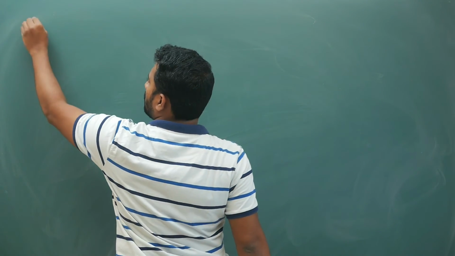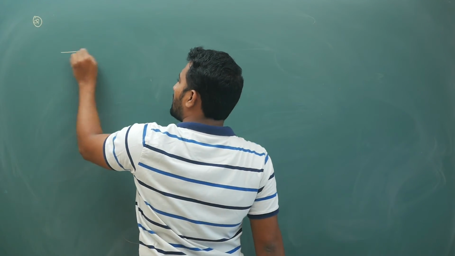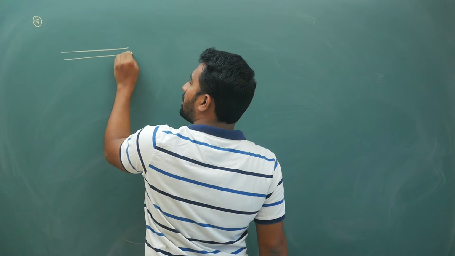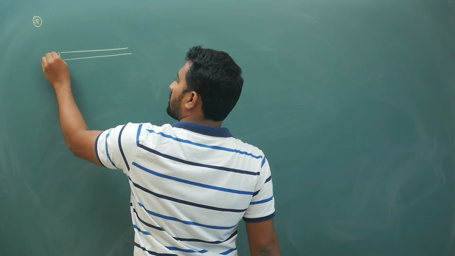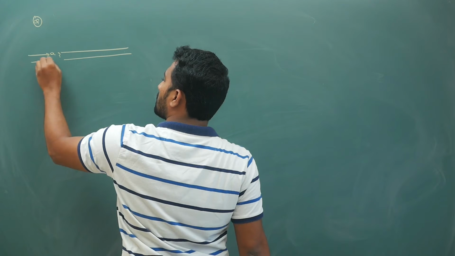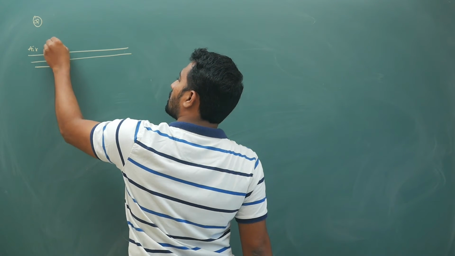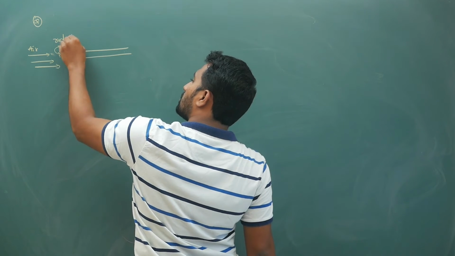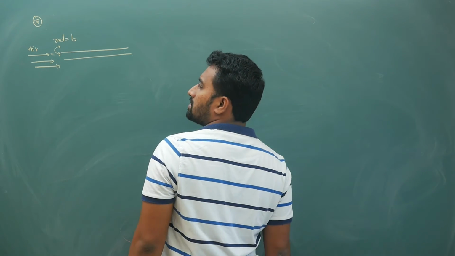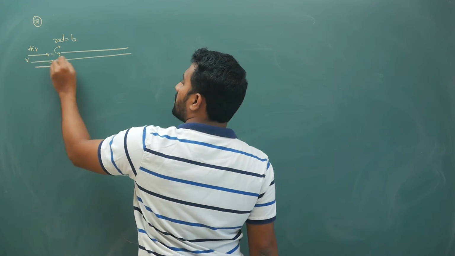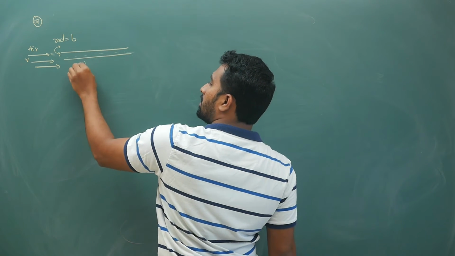Let us say you have a pipe, radius of cross section is b, and air is flowing with velocity v. Thin tube.